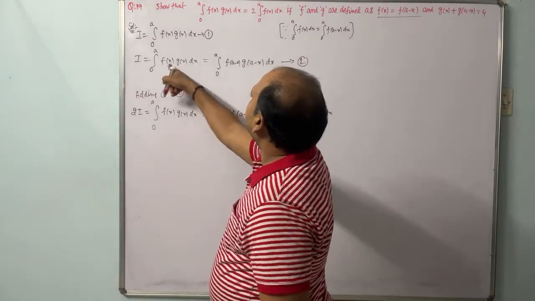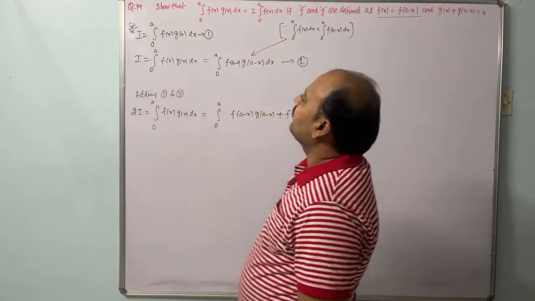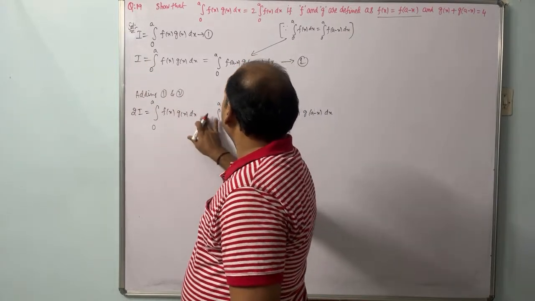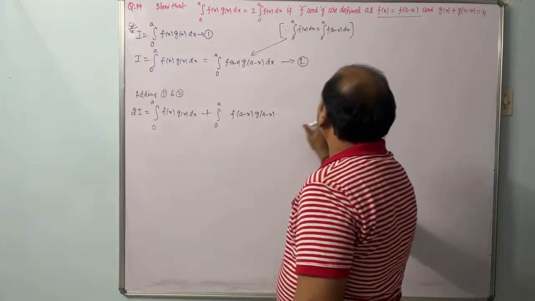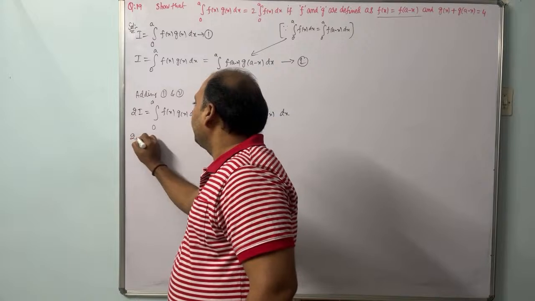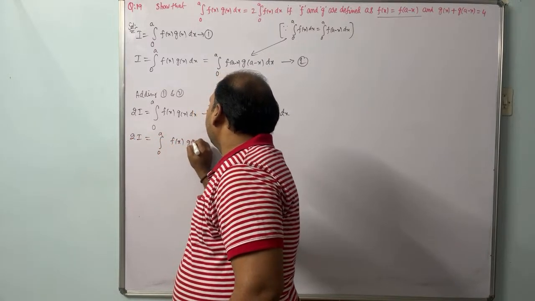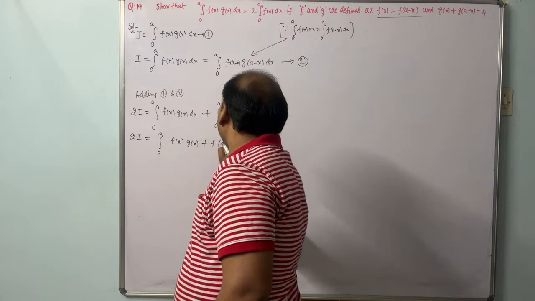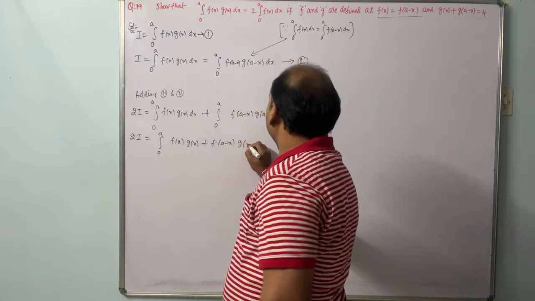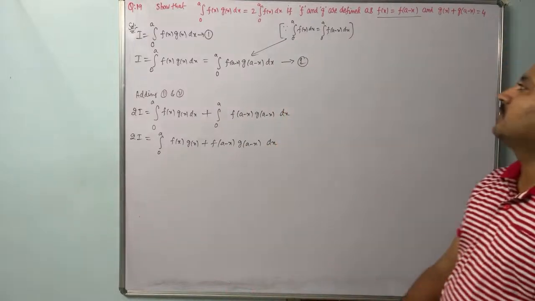So in place of f of x, we are replacing with f of a minus x by using this property. Now adding 1 and 2, 2I equals this one plus this one into dx. Now limits are same, so 2I equals integral 0 to a f of x g of x plus f of a minus x into g of a minus x dx.